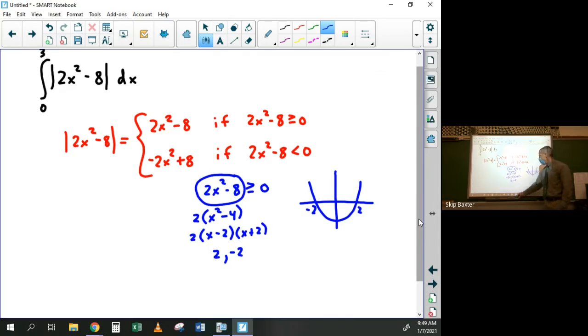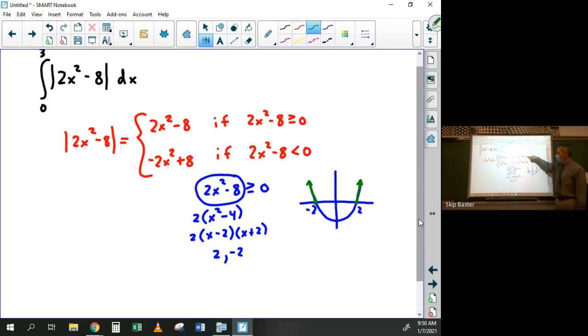Then I analyze the inequality. This is supposed to be greater than or equal to 0. Greater than 0 means above the x-axis. Less than 0 means below the x-axis. And equal to 0 means on the x-axis. So this corresponds to points that are on or above the x-axis.